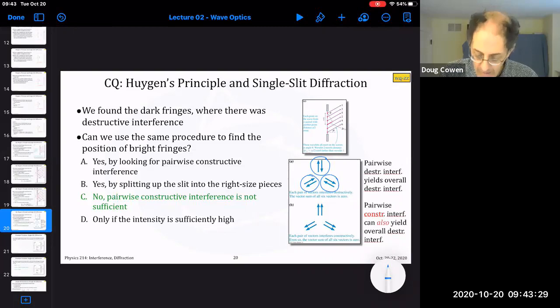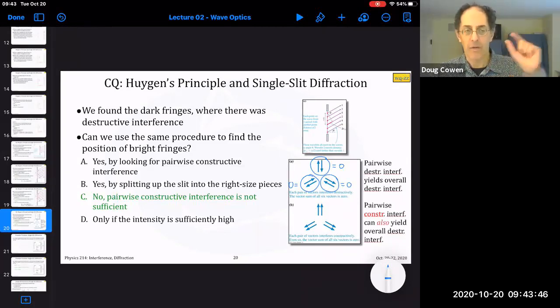So effectively this is equal to 0, this is equal to 0, and this one is equal to 0. And if you add up 0 plus 0 plus 0, you get 0. So having destructive interference be required for each pair means that when you add up all the pairs, you will also get 0. You will also get destructive interference. They will cancel with one another.